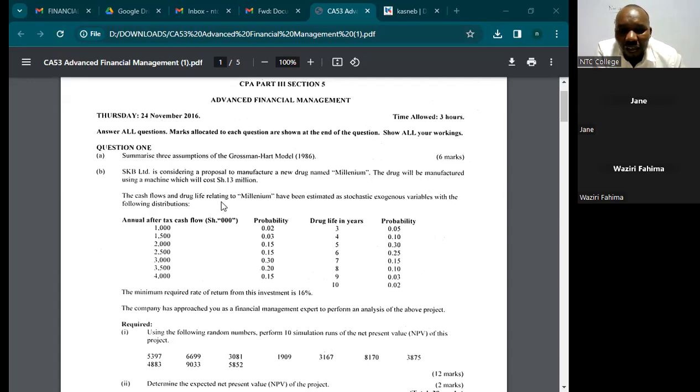We are told that annual after-tax cash flows, that is after tax. So therefore, we have cash flows that are net. Tax has been deducted. The annual after-tax cash flow is a net cash flow without obligation. For you to get after-tax cash flow, that means that even before you taxed it, already you deducted some cost, and then you ended up taxing it.